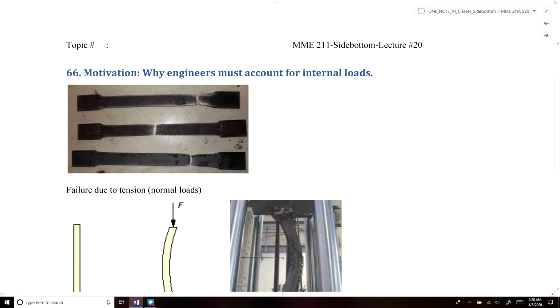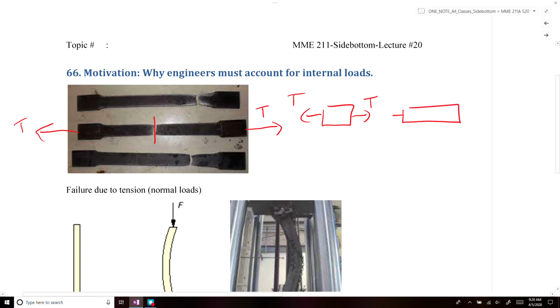So, for example, if we have specimens, and these are tensile bars in tension, and we did a section cut at an internal surface, what we'd notice is that we'd have an internal force that would be in tension.